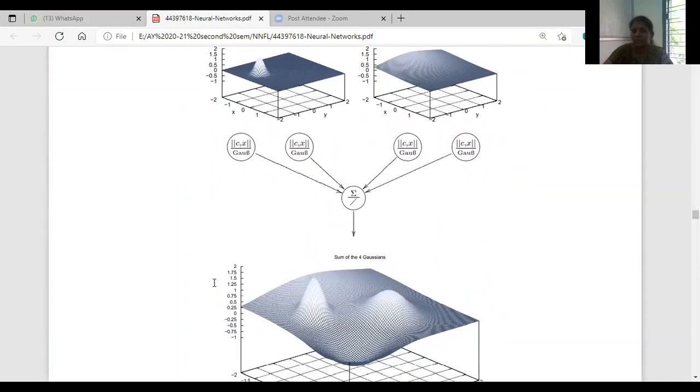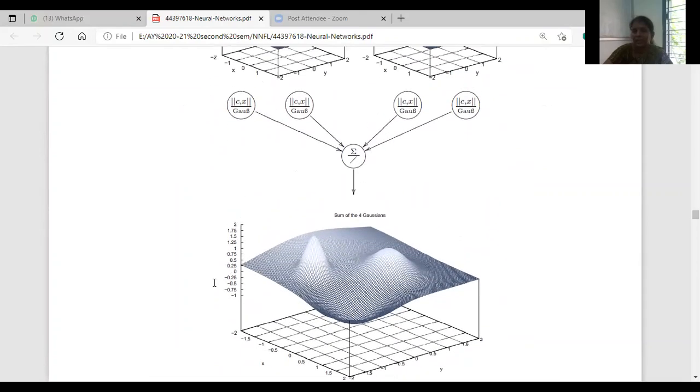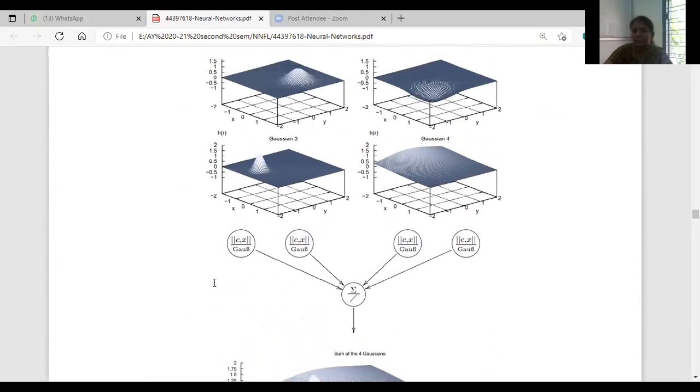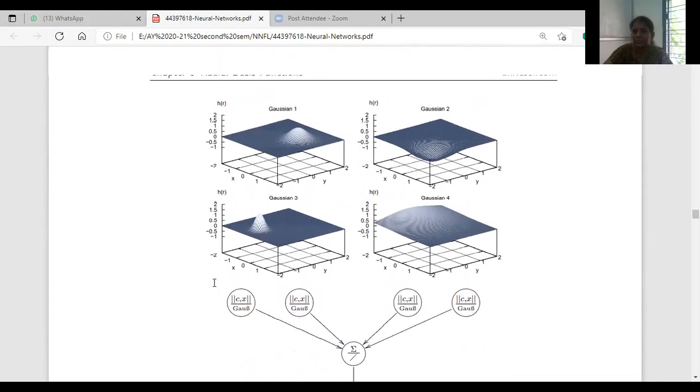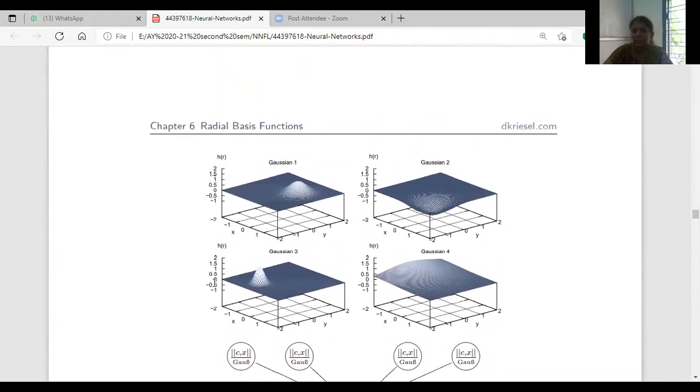One of the examples you can see: see the position change in the output for different Gaussian functions. Gaussian 1, it is at right. Gaussian 2, it is moving to the other corner.